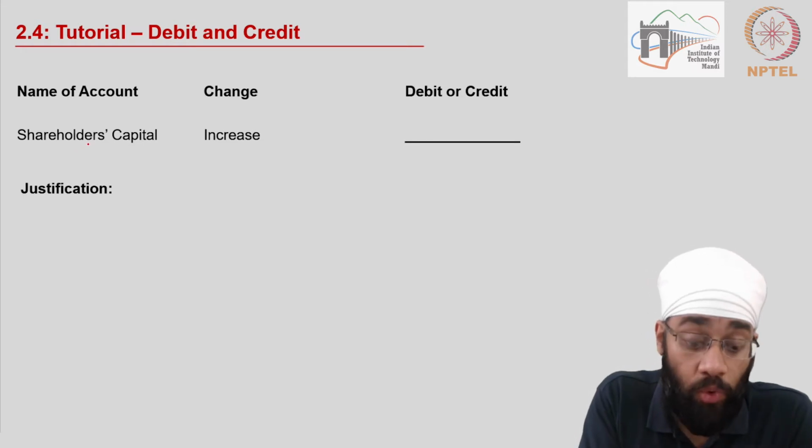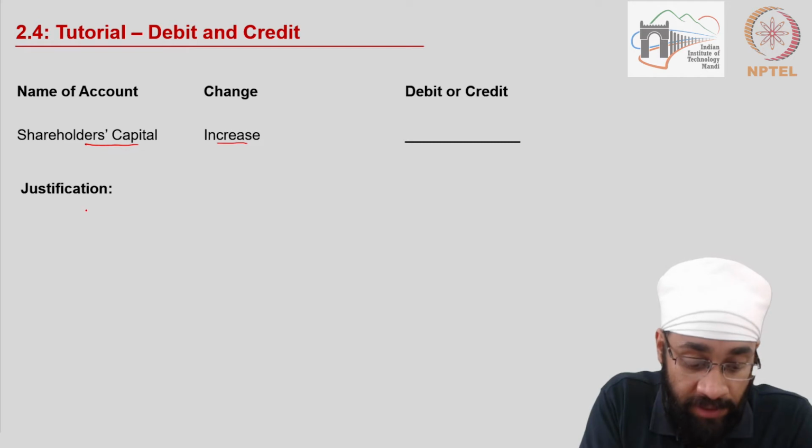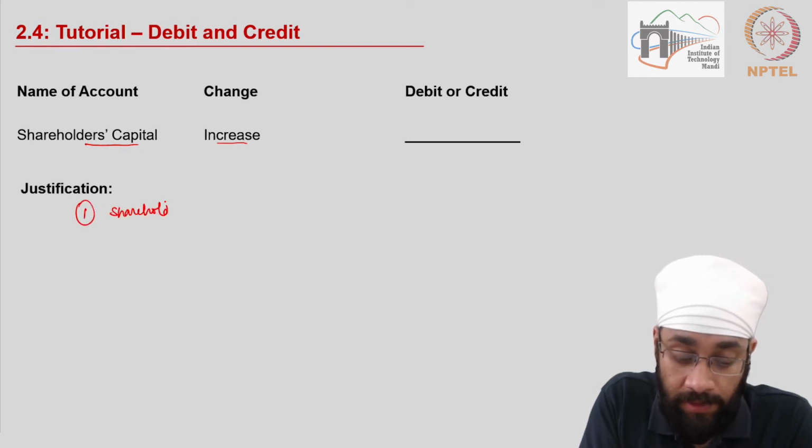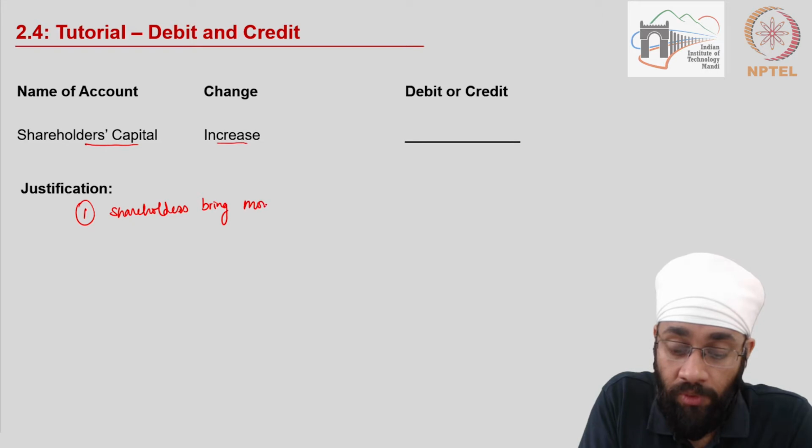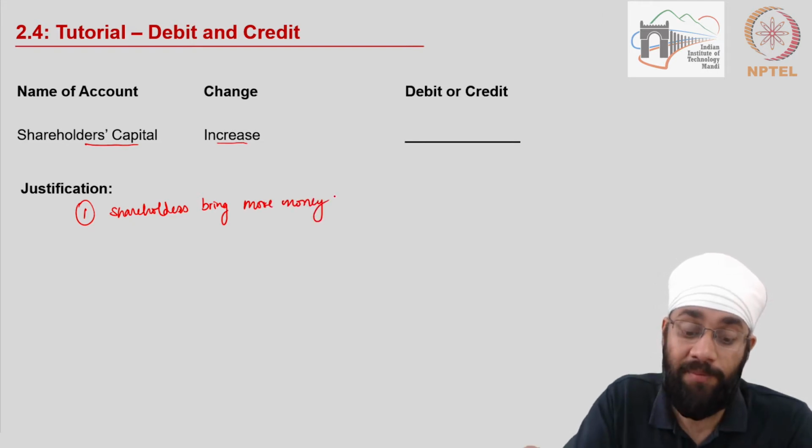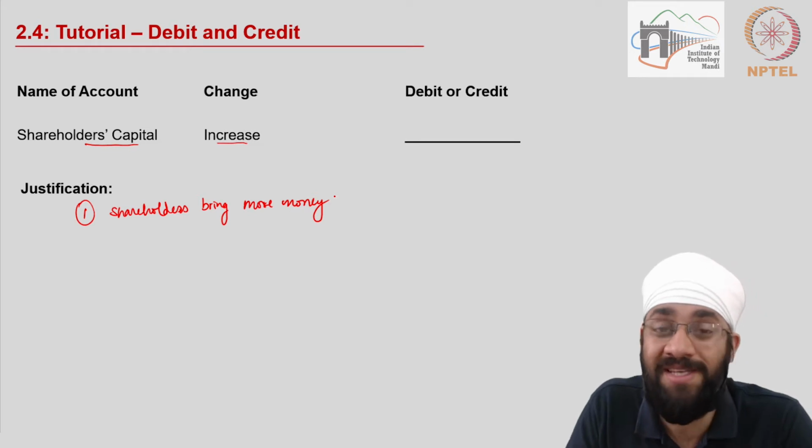Next up, you have shareholders capital, which is increasing. Why is shareholders capital increasing? Because shareholders bring, let's say, more money into the business. When shareholders bring more money into the business, what is happening?